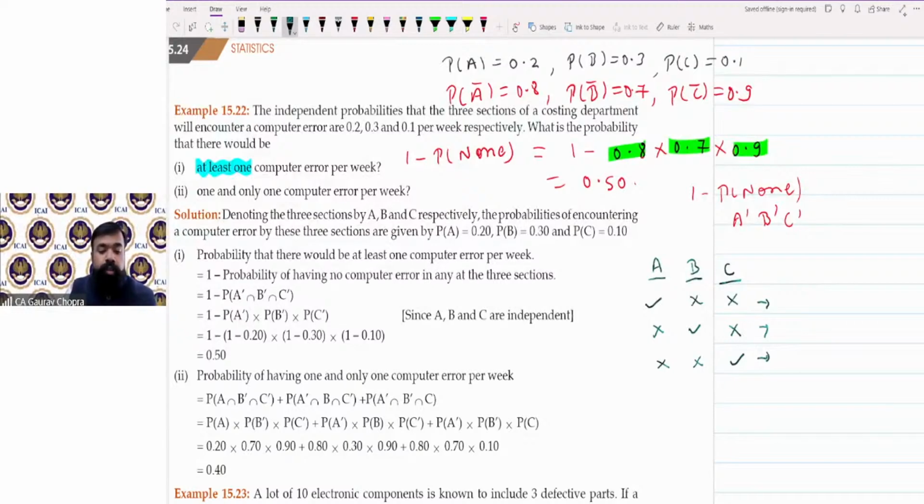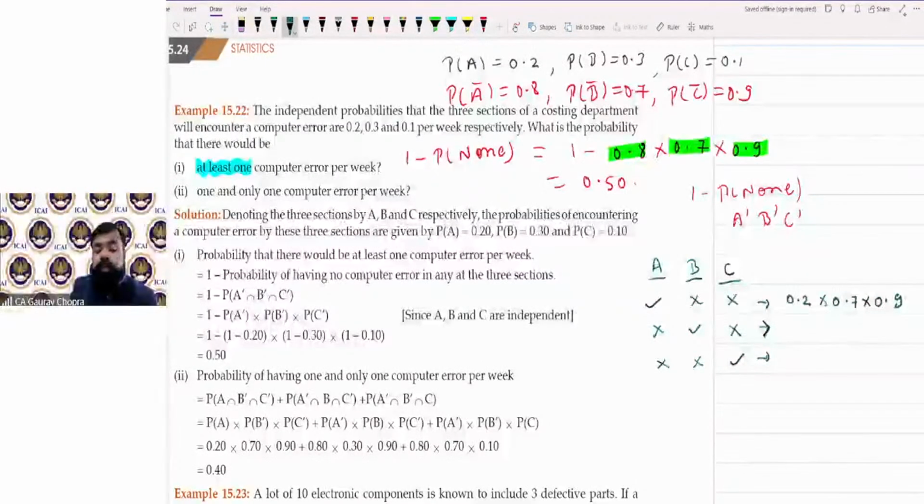So what will be the first case? The first case will be 0.2 is the error in A, no error in B is 0.7, no error in C is 0.9.